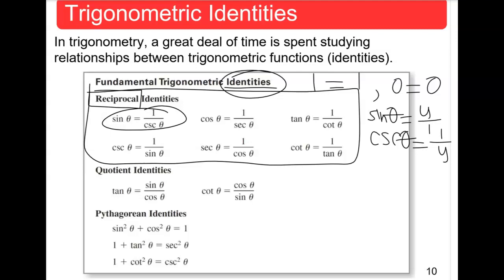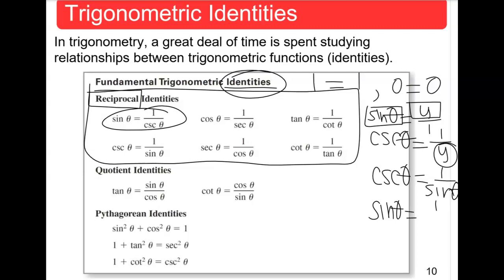Now if we replace y with sine of theta, because that's what it equals, then we have cosecant of theta is equal to 1 over sine of theta. And similarly, sine of theta will be 1 over cosecant of theta. And so that is what we call the reciprocal identities.